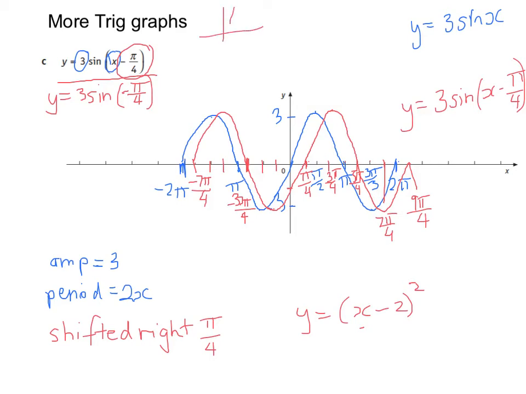In that fourth quadrant, sine is negative, so sine of negative pi on 4 is the same as negative 3 sine of pi on 4. The sine of pi on 4 is 1 on root 2, times by negative 3 is negative 3 on root 2. So our y-intercept just there is negative 3 on root 2.